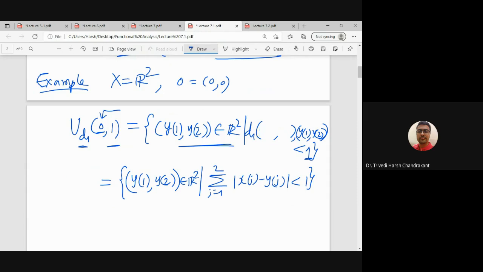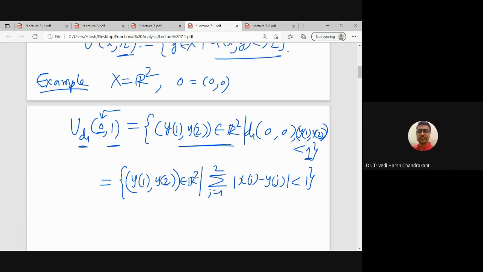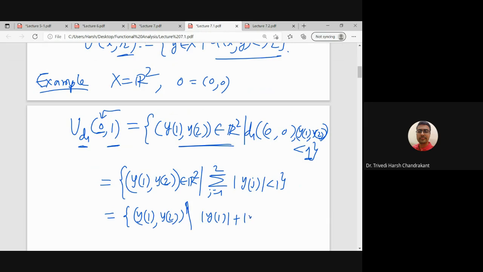So general element it is this one, but with 0, 0, if we find the matrix, it is yj is less than 1. Right, so if you simplify this, it is y1, y2, two coordinates, so that modulus y1 plus modulus y2 is less than 1.